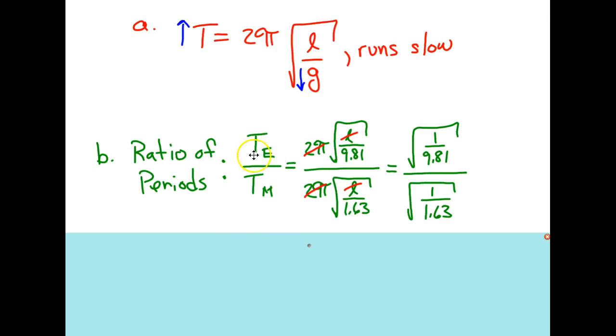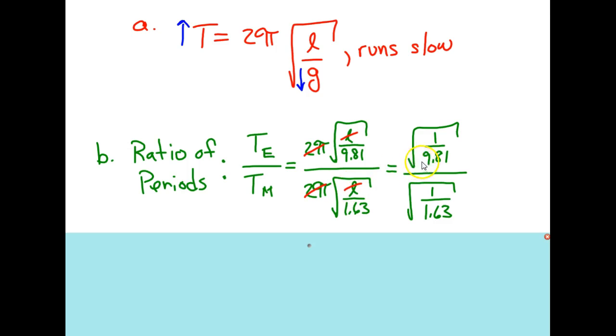So we have the period of oscillation of the pendulum on Earth over the period of oscillation on the moon. Well, the period of oscillation on the Earth would be 2 pi square root L over 9.81. On the moon, it would be 2 pi square root L over 1.63. The length of the pendulum doesn't change. So the length of the pendulum cancels, the 2 pi cancels, and what do we have left over?